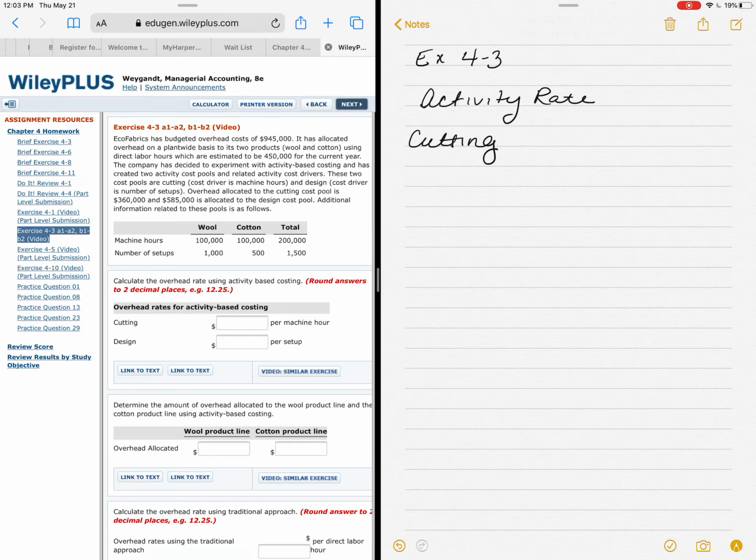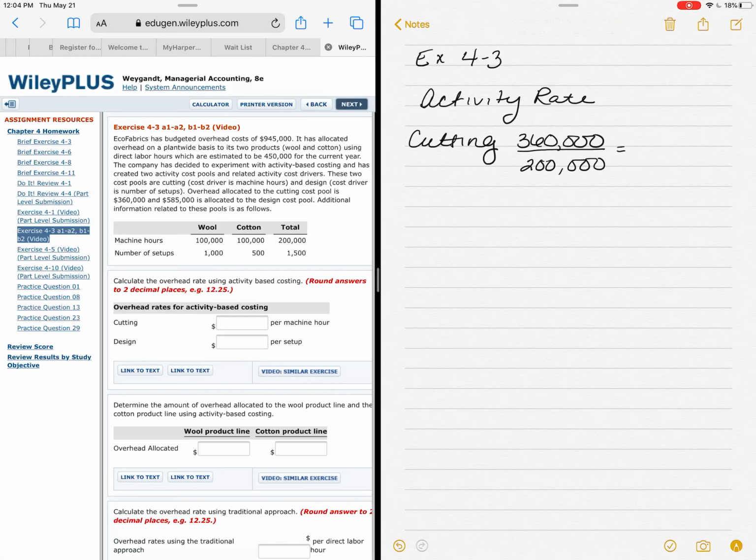what I'm going to do is take the total activity, total overhead, which is $360,000 that you can see, and I'm going to divide that by the total machine hours because it's based on machine hours.